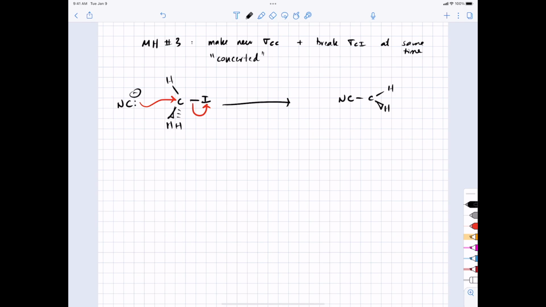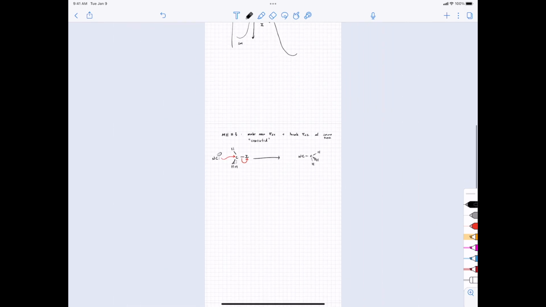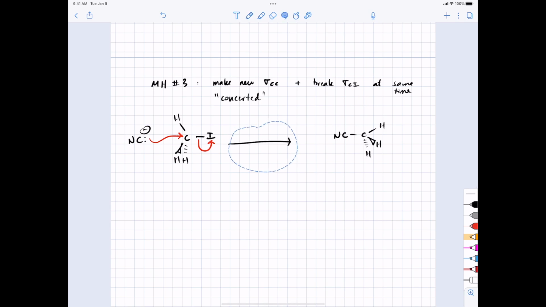And the transition state presumably would look a little bit like that intermediate we had for mechanistic hypothesis 1, in the sense that we would expect to have some kind of transition state that looked like this, with a bond between carbon and carbon partially formed, and a bond between carbon and iodide partially broken.